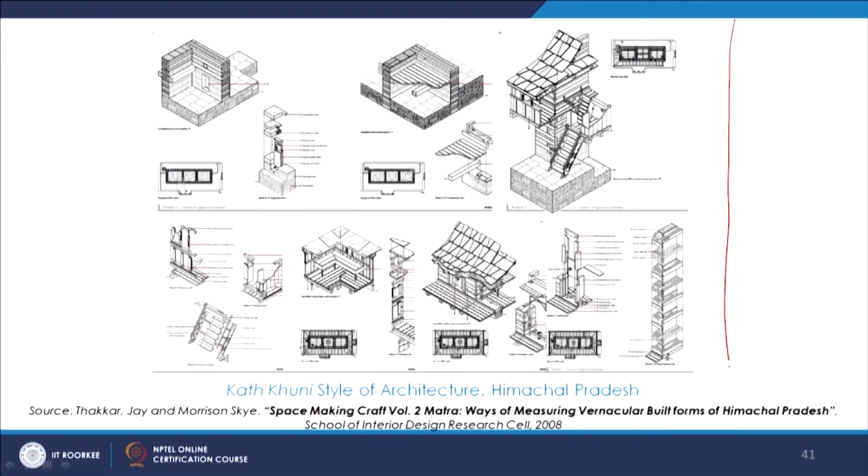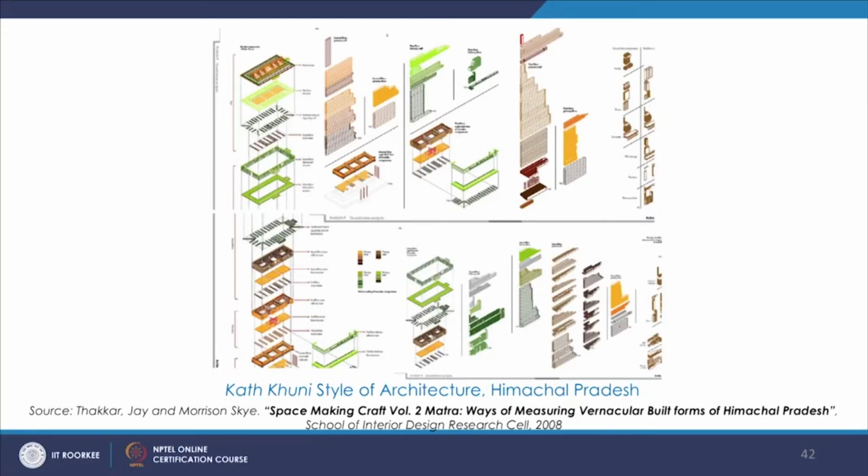Again, the ways of construction, the technical details are also given with proper measurement. So, technical drawings are again a system to document, to analyze, to create a repository. Here also we see that analysis and the creation of repository.